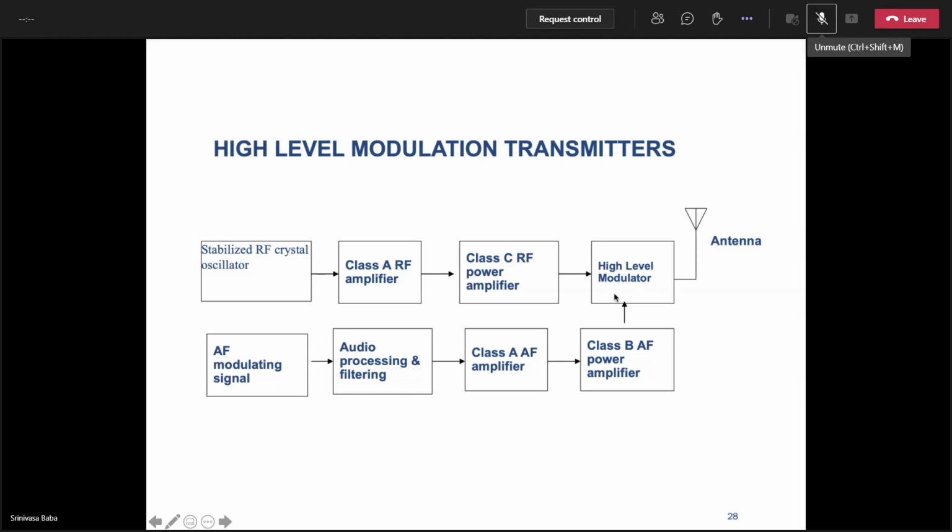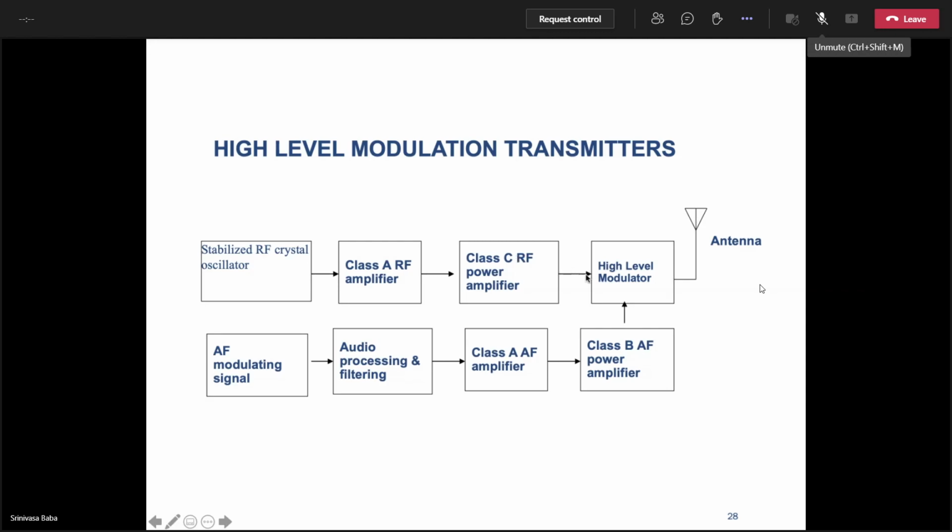So we may not be able to use diodes, transistors, or any semiconductor devices as a modulator at high levels, because they cannot withstand this huge amount of power. The amount of power generated at the output of this Class C power amplifier will be very large, ranging from a few watts, 100 watts, 200 watts, to kilowatts of power.